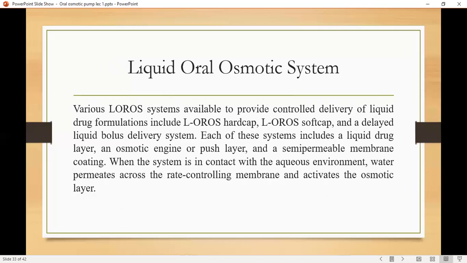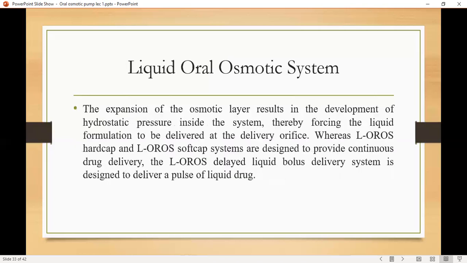The drug is present in liquid form inside the core, and when it enters your body, water permeates through the semi-permeable membrane and activates the process of osmosis, which releases the drug from the system.